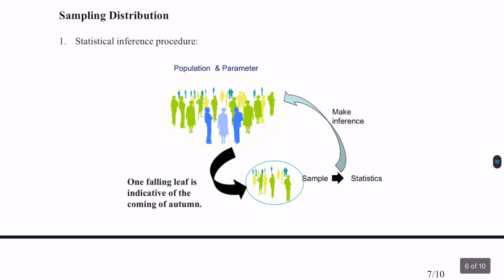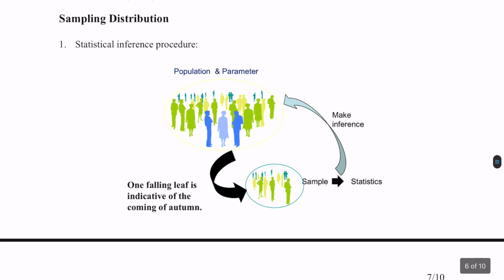If you remember what Professor said in the first one or two lectures, the reason why we do statistics, why we calculate all these things, is because if you take a look at the graph here, we want to know something about the population, right? We want to know something about our population, our study group. So maybe we want to know the mean of the population. Oh, I'm sorry.